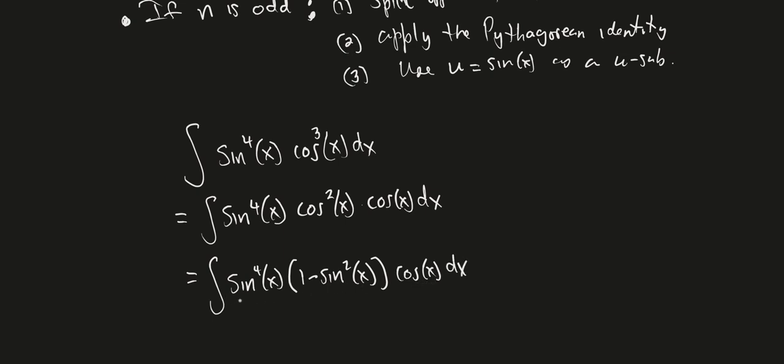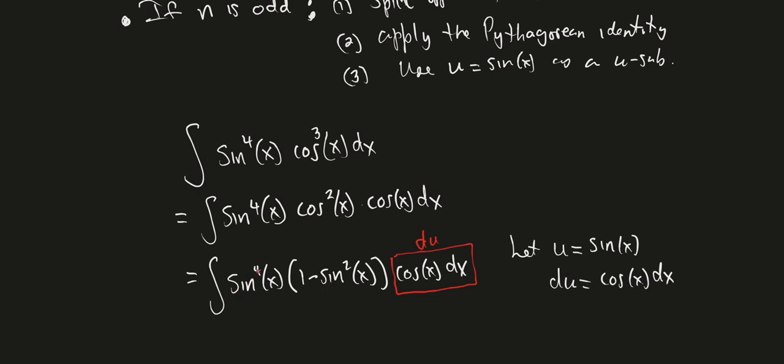Now, since these two factors are now in terms of sine, and this differential is in terms of cosine, if I let u be equal to sine x, then my du is cosine of x dx. So what that means is, let's highlight what we can substitute for. This part here becomes du.